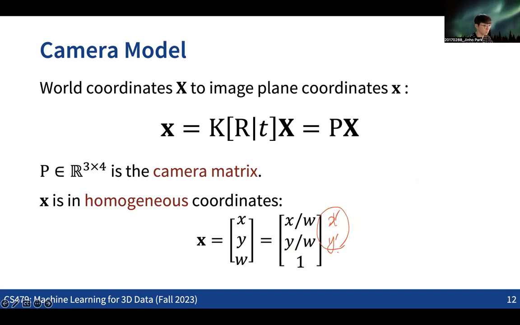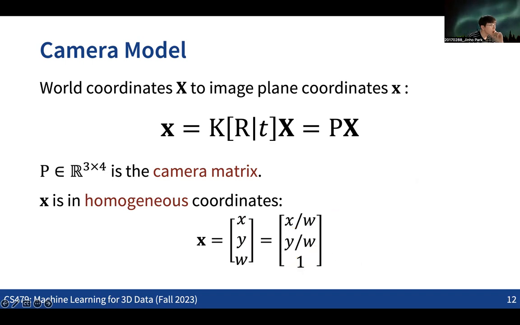So this gives the projection from the 3D to the 2D. This is what W is. We have these 3 numbers, x, y, and W. When we divide x and y by the last value, making the last value 1, we get the real coordinates in the 2D space.